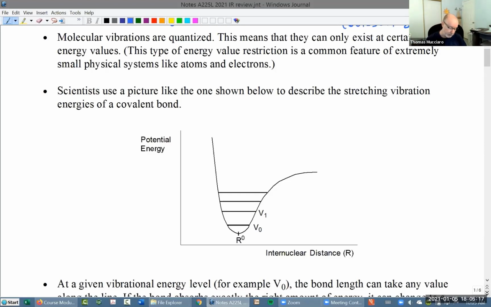So molecular vibrations have a very interesting property. It's a property that's shared by almost all really, really tiny objects. Unlike us, where when we get in our car and put the accelerator down, we could go 41 miles per hour, we could go 41.1, 41.2, whatever. We have basically any speed that we could go.